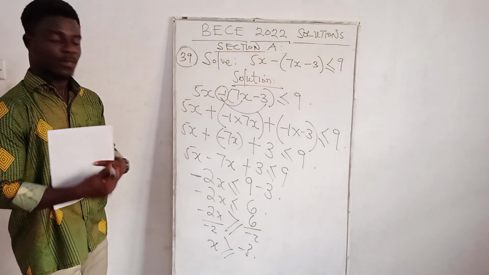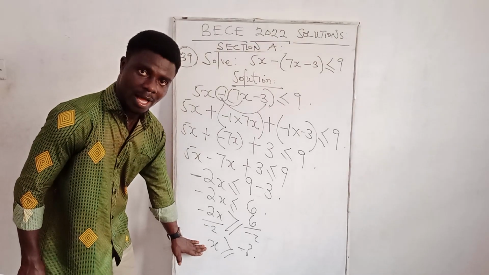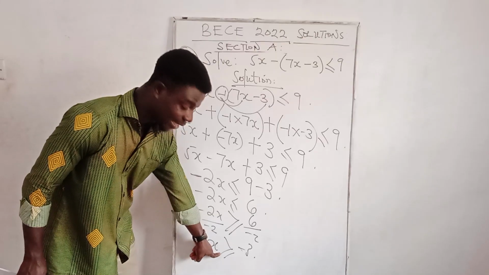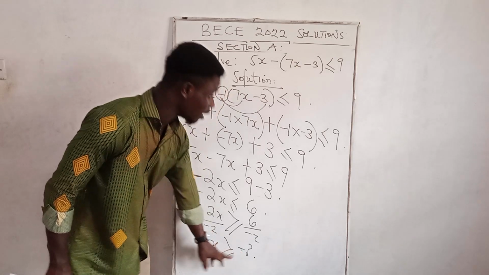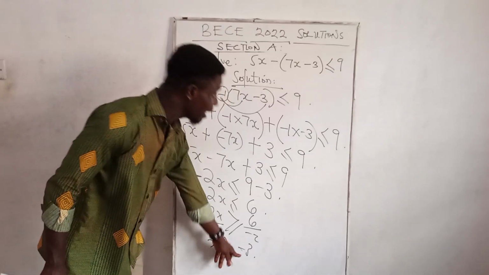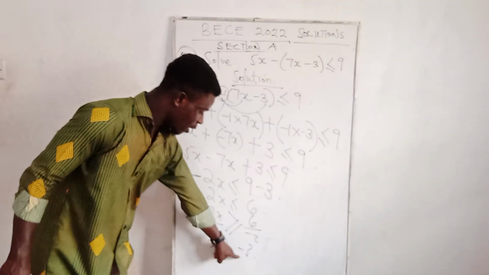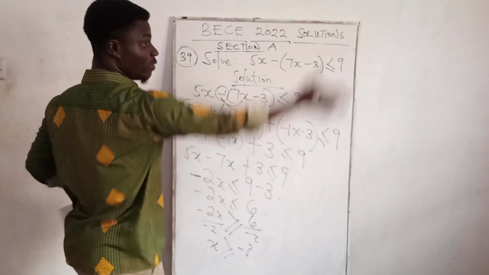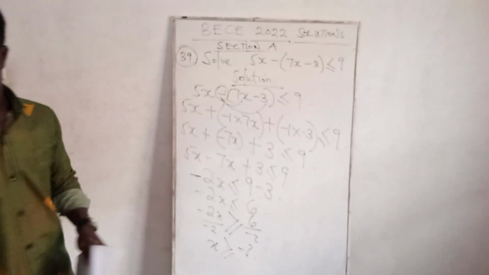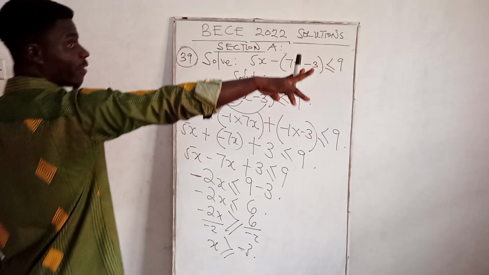So now they've given us our range, which is x is greater than or equal to negative 3. So you can put negative 3 inside, it must be less than or equal to 9. You can put negative 2, because it is moving like that to the right hand side.